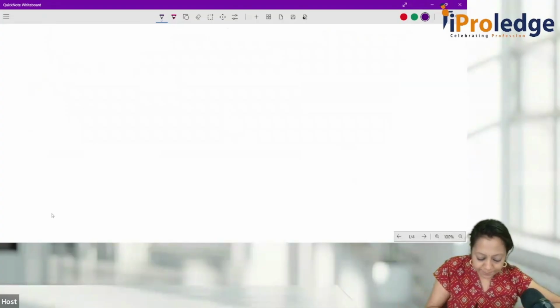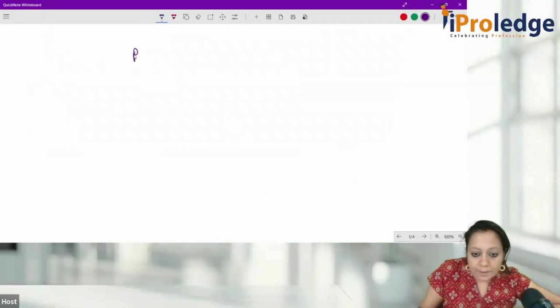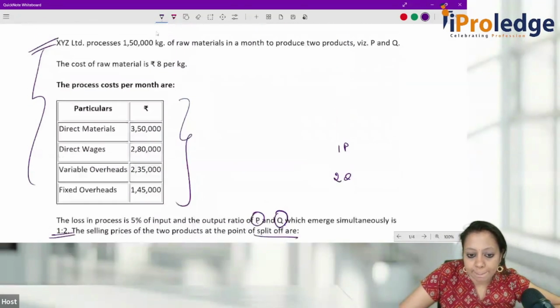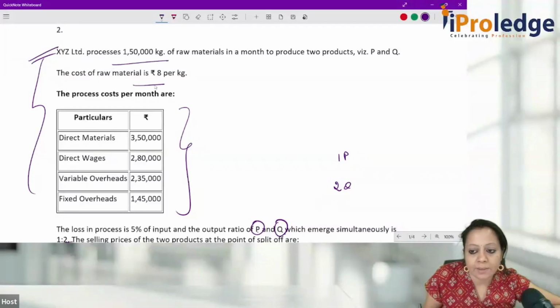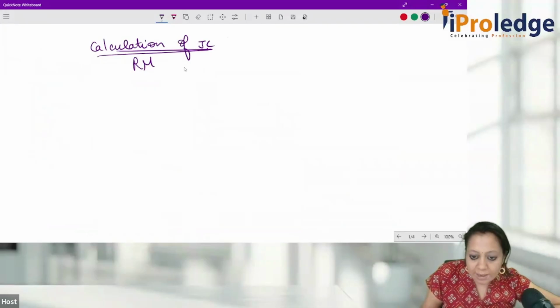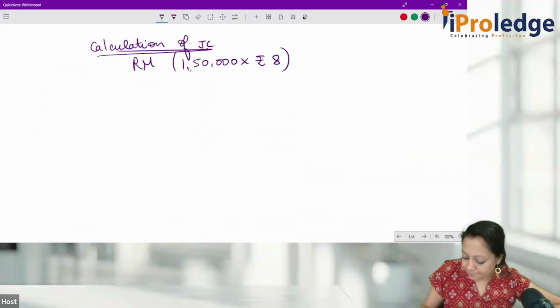Now it is going to be the calculation of joint cost. Raw material: you can see they have given raw material. It is going to be 1,50,000 into rupees 8. How much is that, ma'am? Right here, 12 lakhs.